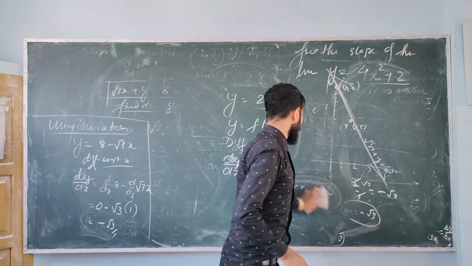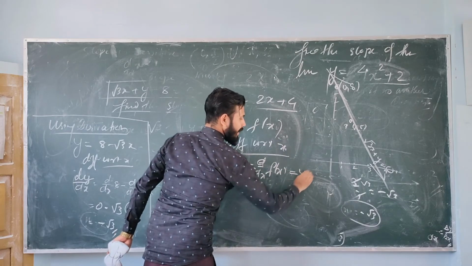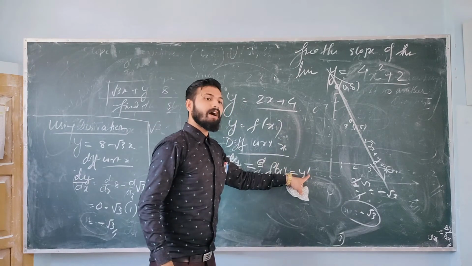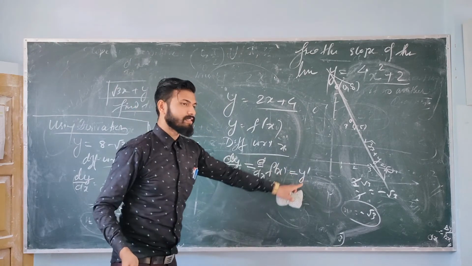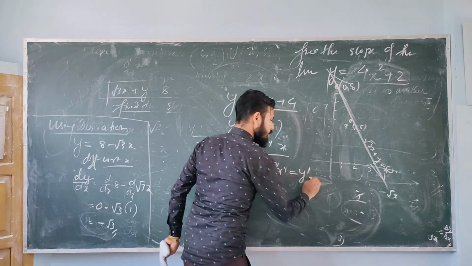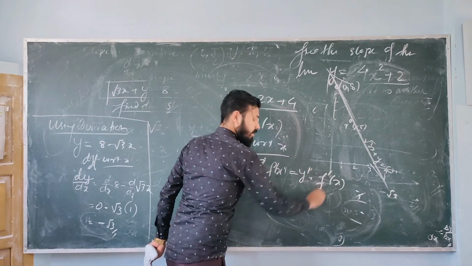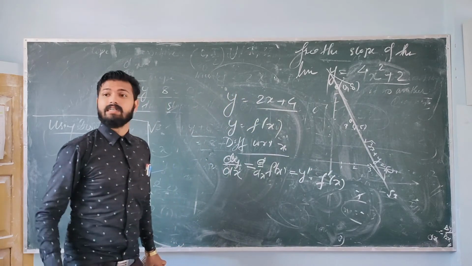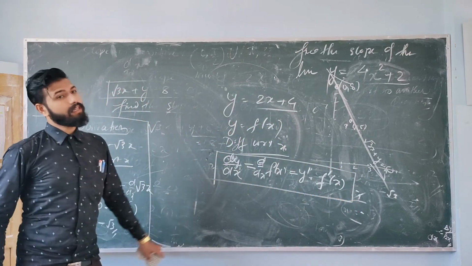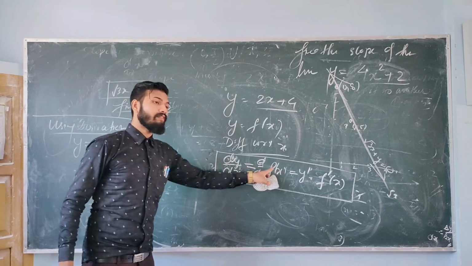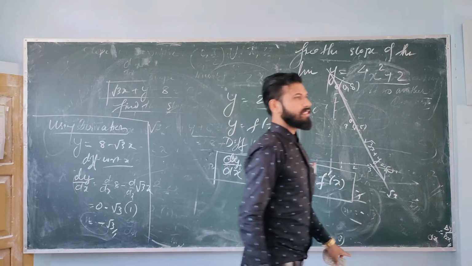Or if you want to reduce your effort, you can write y dash. Y dash also means dy/dx, a shorter form. We can also write f dash x. This dash indicates derivative. The meaning is the same for all of them. Whether you say dy/dx or d/dx of f(x), or y dash or f dash x, same thing.